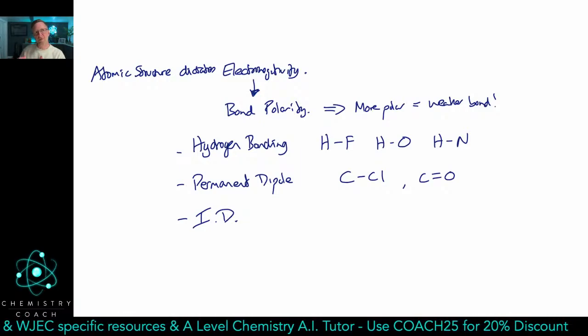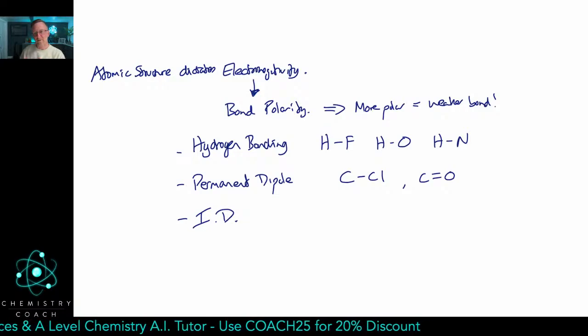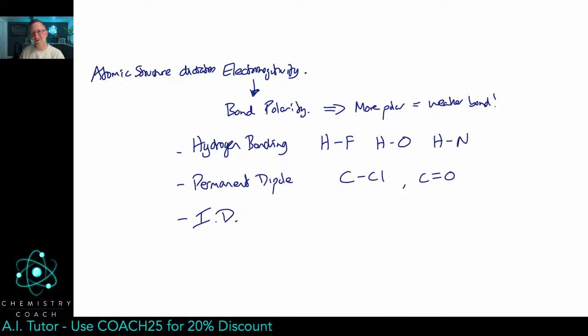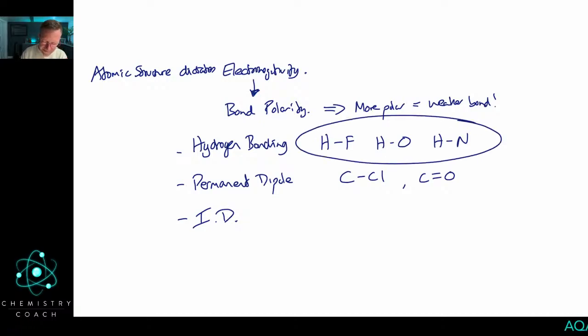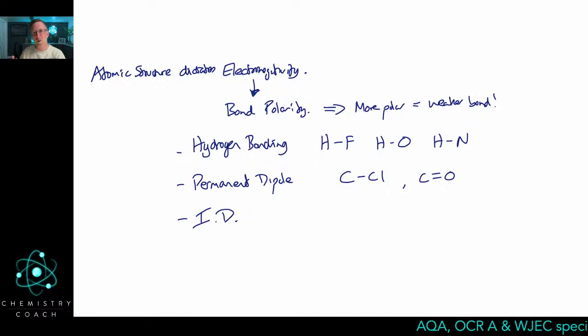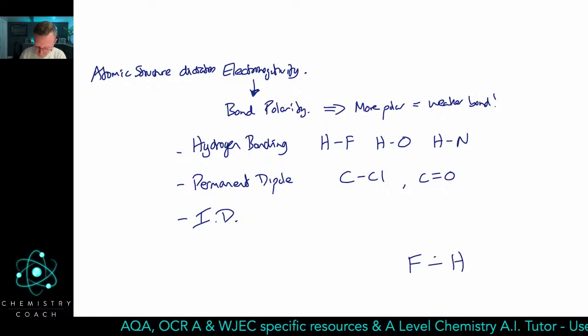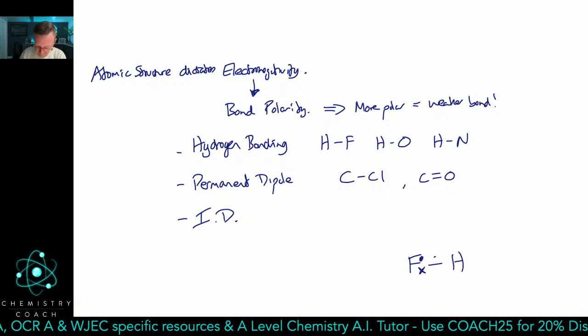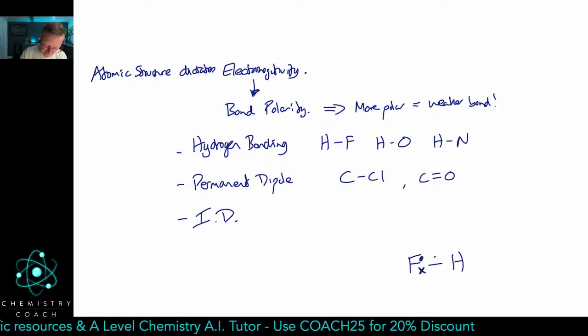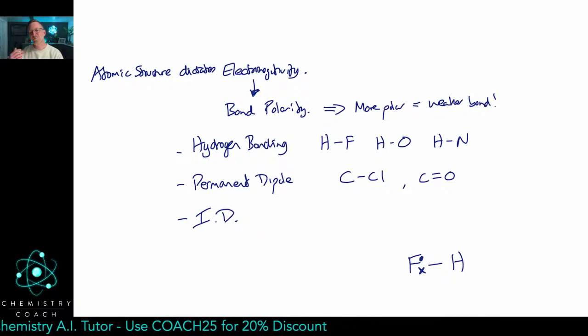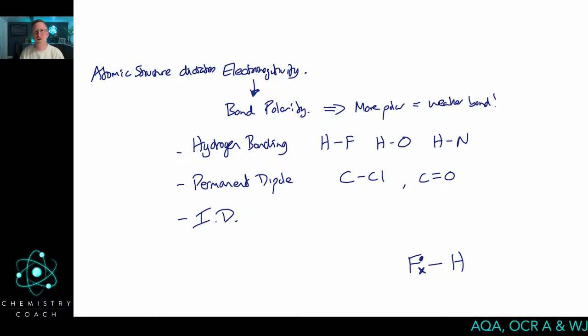So of course, atomic structure is why hydrogen bonding is a thing, because hydrogen bonding is basically just a super dipole when you think about it. If you've got fluorine directly bonded to hydrogen, and fluorine being the most electronegative element, the bonding pair of electrons are going to be spending like 99% of their time with fluorine because of its atomic structure, because it's so electronegative.